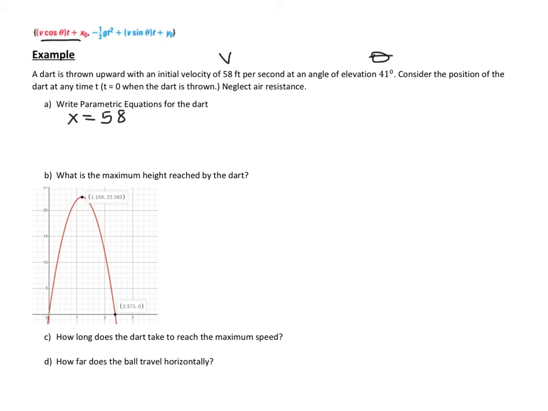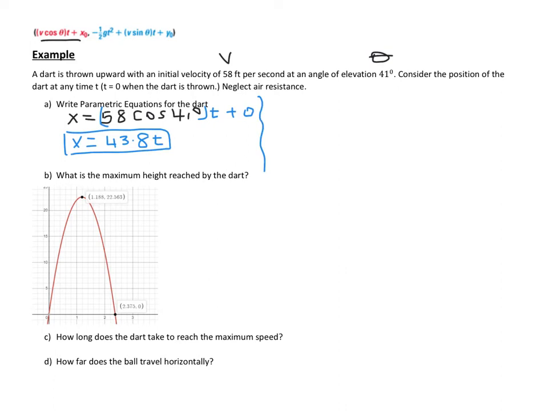So 58 cosine of 41 degrees, and all this we are going to multiply by t, and then plus 0. So when I work this out, this is going to be 43.8t. So that is the equation for the horizontal distance.